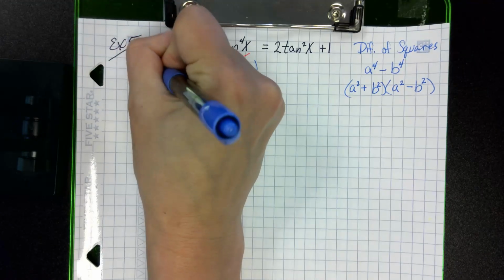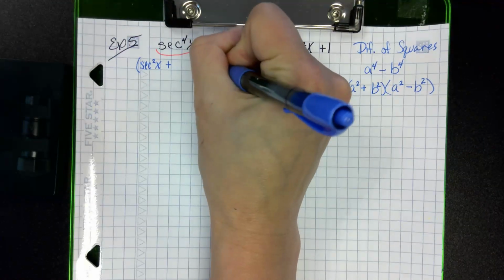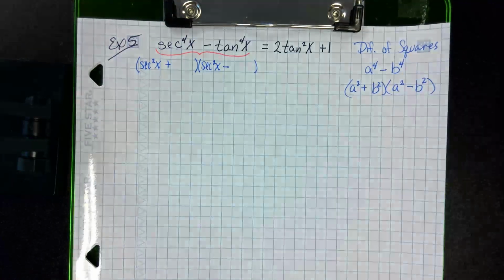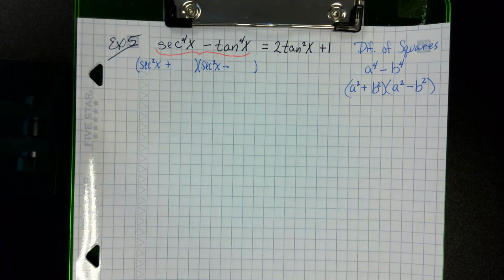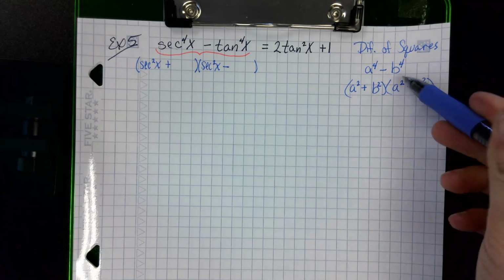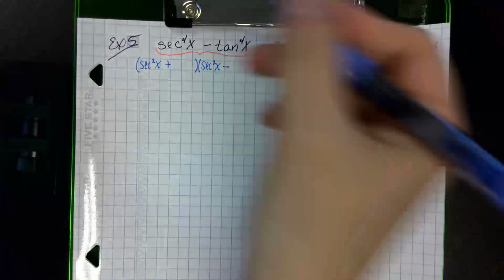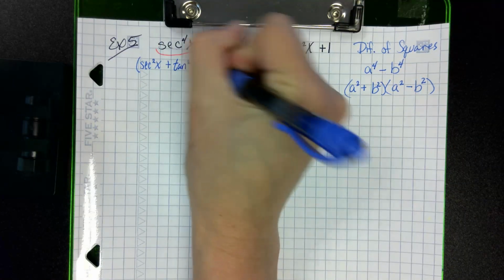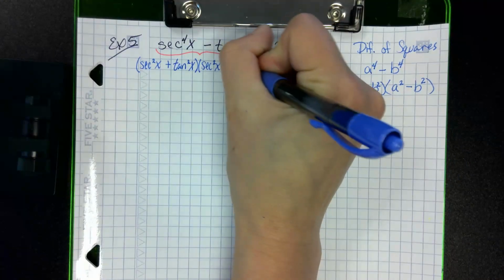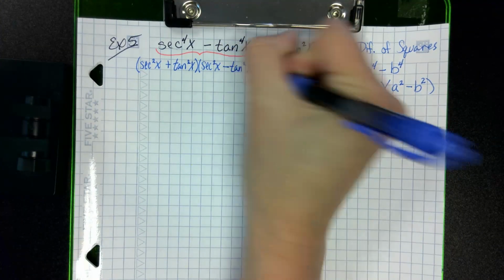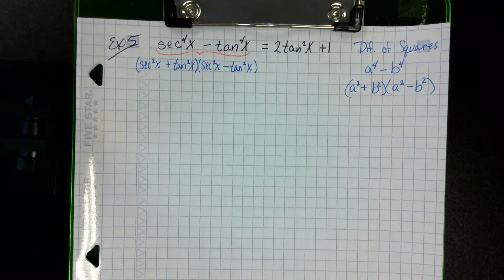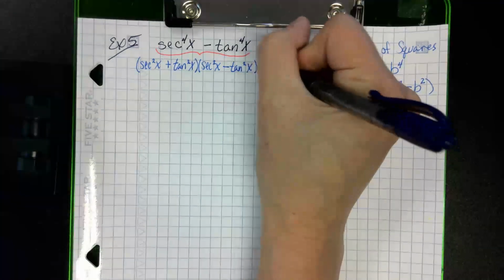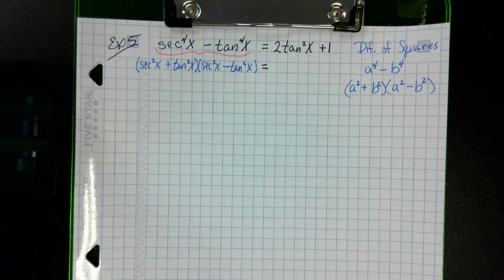Secant squared x, secant squared x. My second term of each factor is the square root of the second term. So it's the b. So that's going to be tangent squared, tangent squared. And it's equal to whatever's on the right. I'm not even going to write what's on the right, just equals.